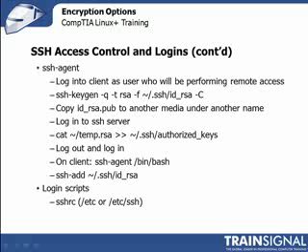SSH agent might be enabled on your system, but if it isn't, to enable it, you just log into the client as a user who's going to be performing the remote access. Then you issue the command ssh-keygen -q -t rsa -f ~/.ssh/id_rsa -C.